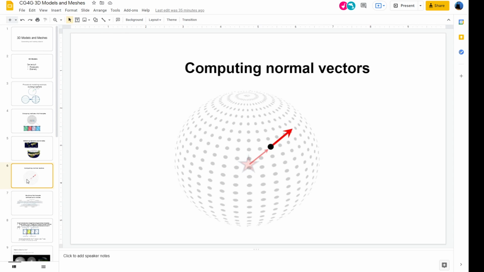So in the case of a sphere, you can imagine that the normal is the direction vector that would be formed by just pointing from the center of the sphere to that point. Since it's a pure direction, we don't care where it starts, just the direction it points in. In the image here, you see the red vector.